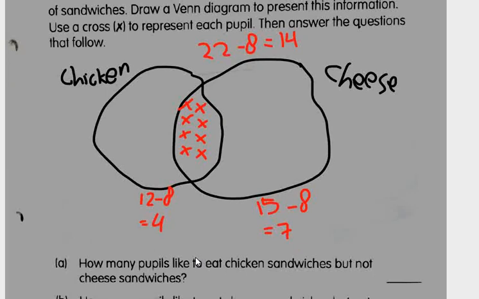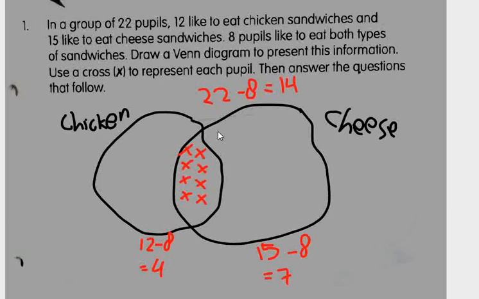Alright, so there are 22. 12 like to eat chicken, 15 like to eat cheese sandwich, 8 people like to eat both types.